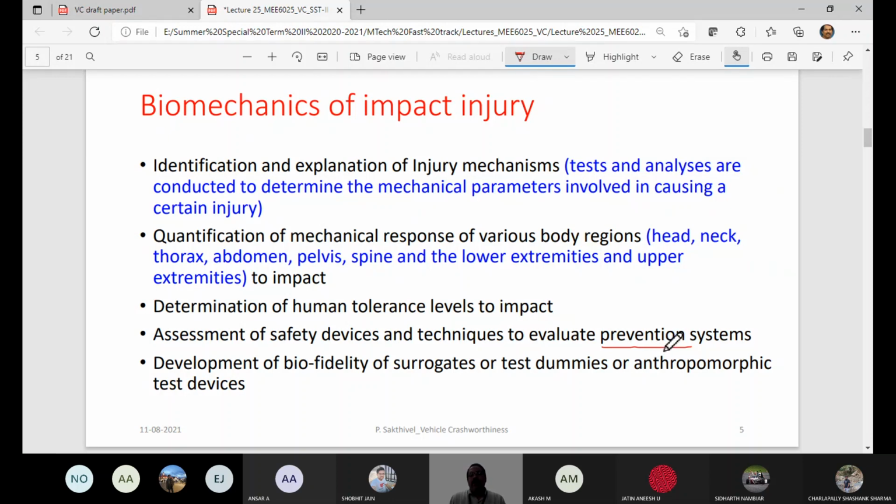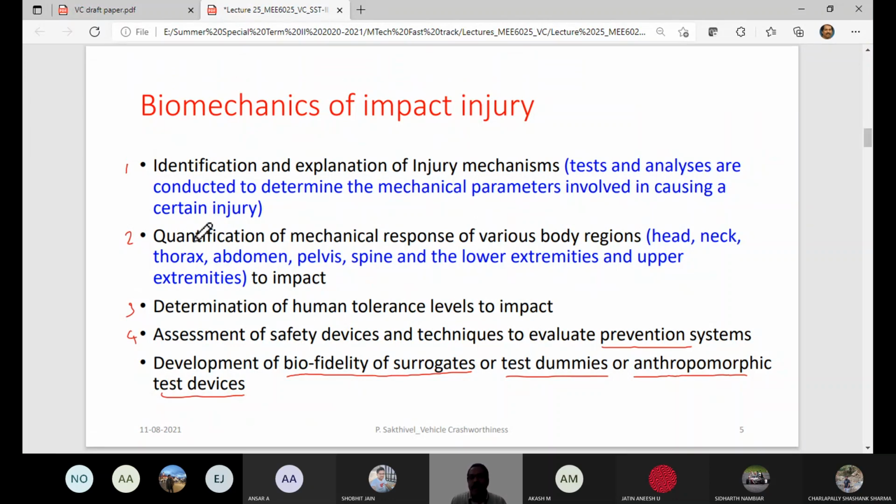The assessment of active safety systems depends on the biomechanics understanding of the prior three objectives, and that is where we could see in this era the development of biofidelic surrogates. Those are nothing but test dummies or anthropomorphic test devices. So these devices were all developed. On the other hand, the computational facilities are all also because of the four main objectives of this study of biomechanics of impact injury.